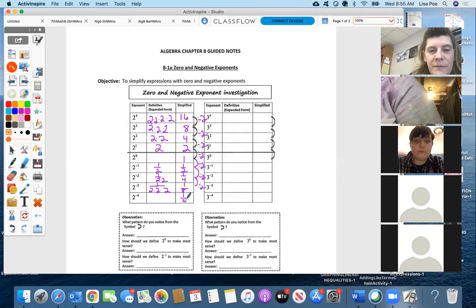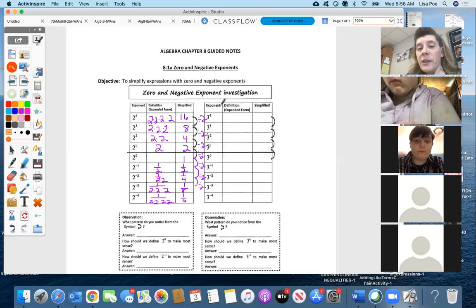The expanded version would be 1 over 2 times 2 times 2 times 2. Okay, so you guys, positive exponents are repeated multiplication, right? Negative exponents are repeated division. And then anything to the 0 power is that weird one. That's just 1.